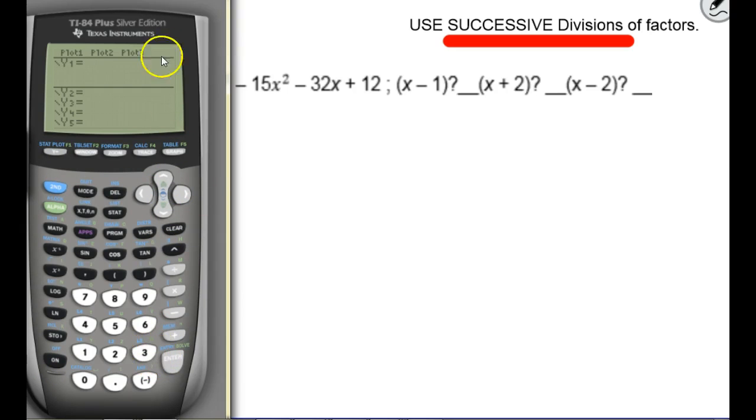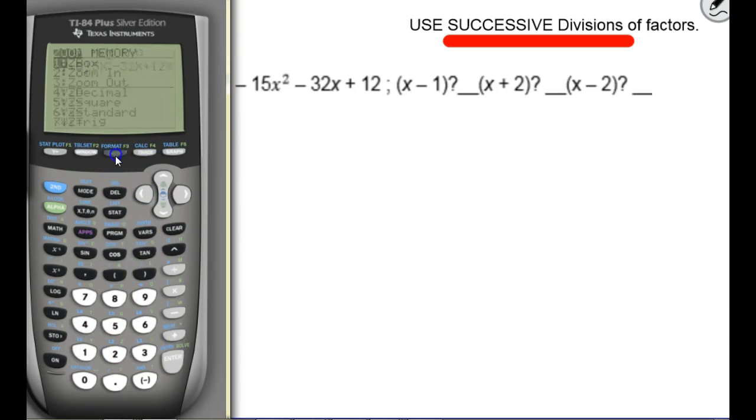Will someone read it to me off your worksheet? 3x to the 4th, is that right? Plus 8x to the 3rd. Minus 32x plus 12.